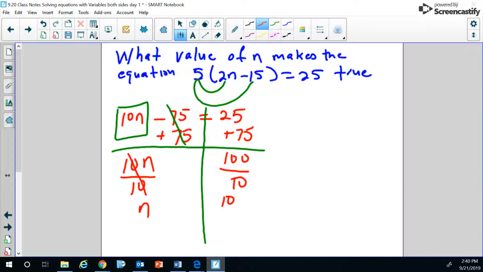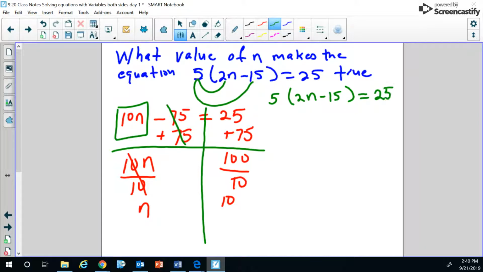Now, to make sure that my answer is correct, all I have to do is substitute n equals 10 back into the original equation. And so let me write it on the right side here. The equation is 5 times (2n minus 15) equals 25.